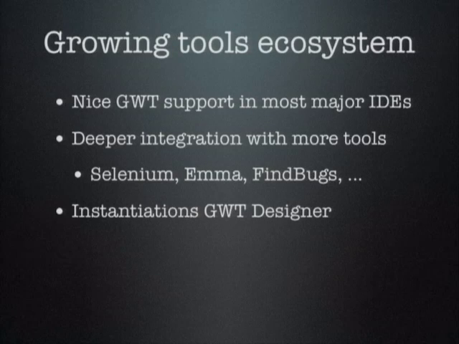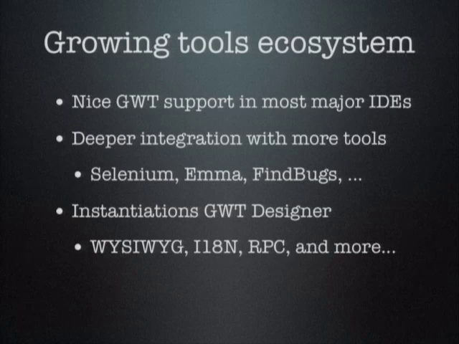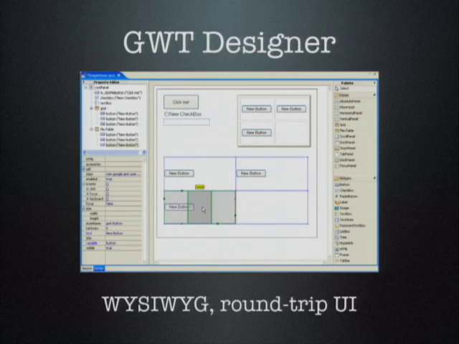But one other great Eclipse plugin is the Instantiations GWT Designer, which has a whole bunch of stuff. All the stuff I showed and a lot more. So WYSIWYG, drag and drop editing, I18N, RPC support, all the idioms that we use within GWT, they support directly in the Eclipse plugin. So here's an example of, you could just do drag and drop, sort of Visual Basic style. But what's better about Instantiations' approach, if you've not heard of it, is that it actually writes the code that you would have written by hand as you drag and drop things around.